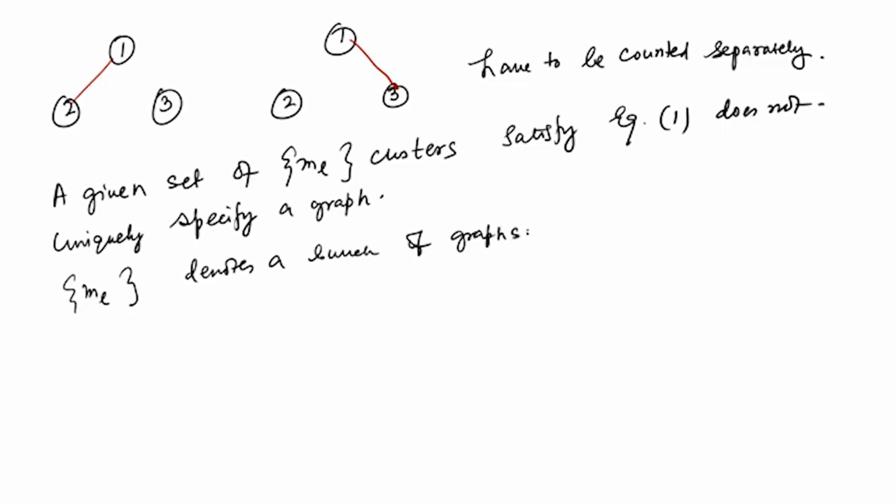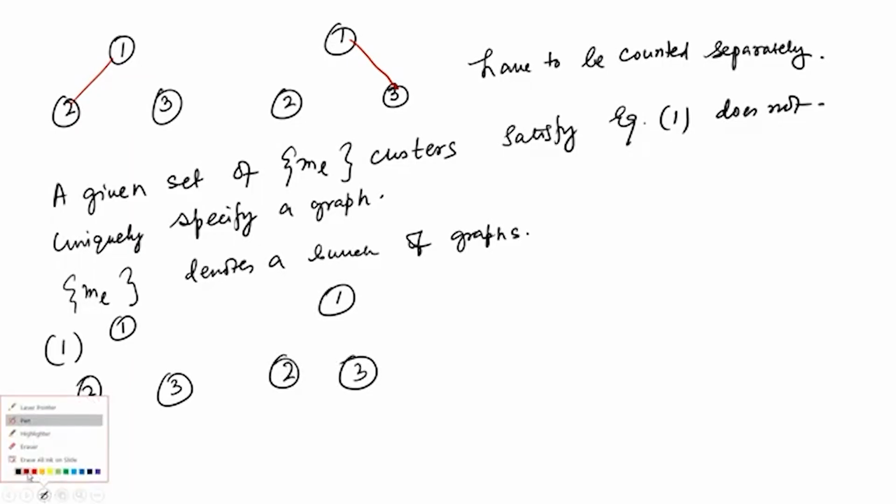Let me give you an example. Say you have what I just said. Let me draw it once more. So, it is 1, 2 and 3, and 1, 2 and 3, like these are different clusters, which is what you have learned.